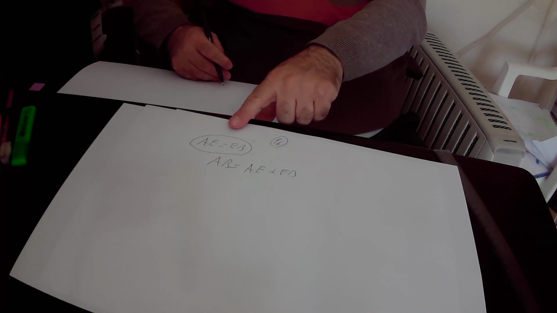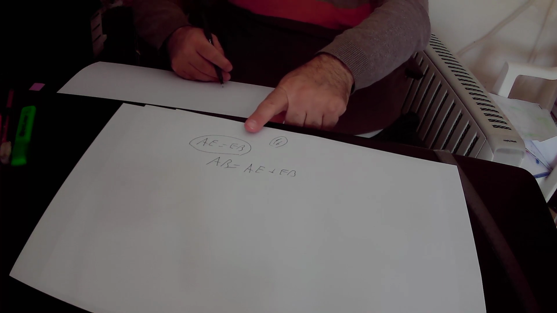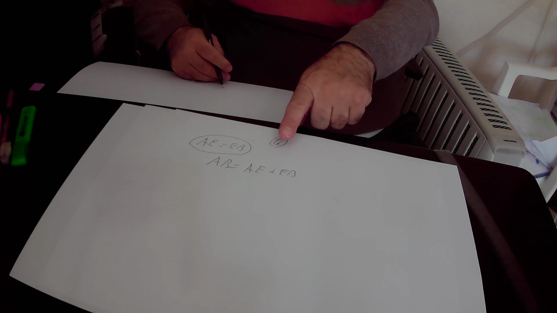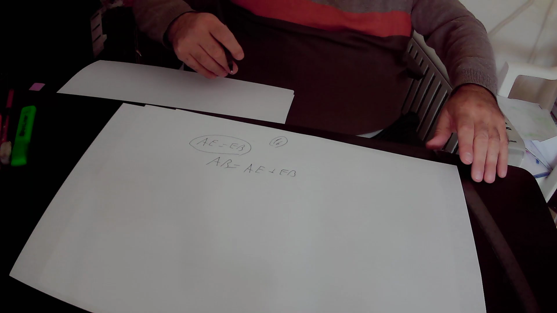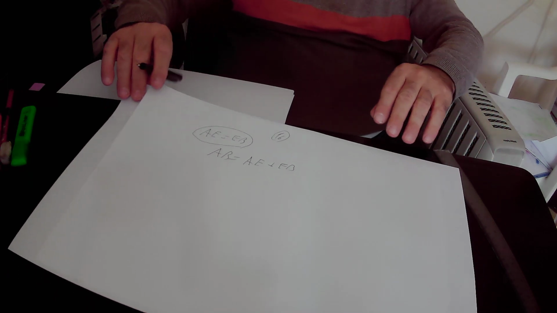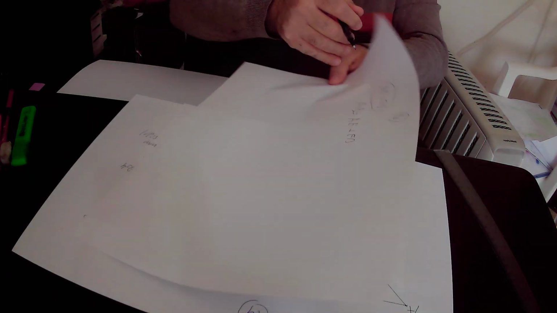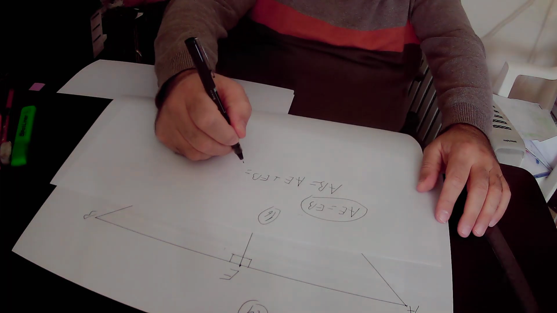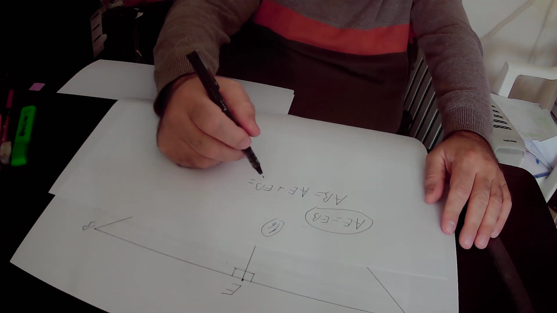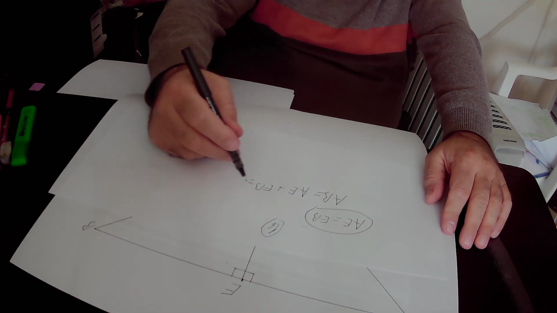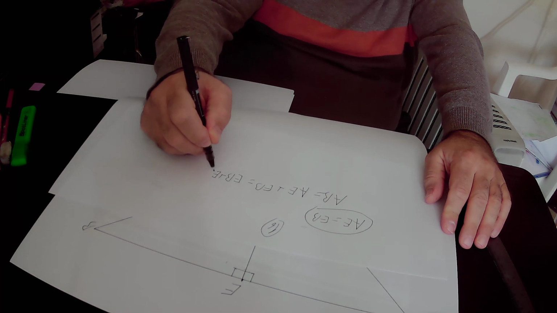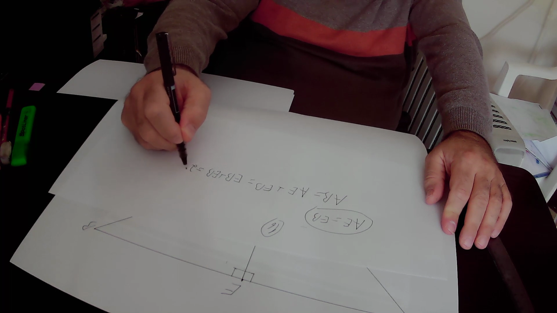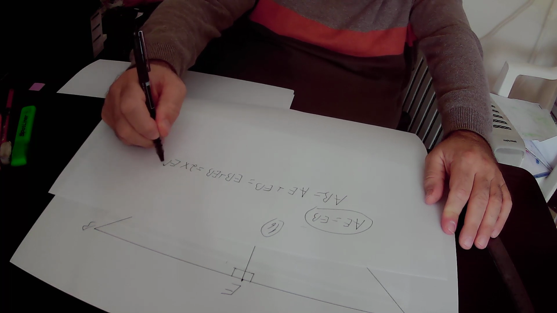But we have already found out that AE equals EB, so we can substitute AE by EB and we will get that AB equals EB plus EB. That is to say AB equals 2 times EB.